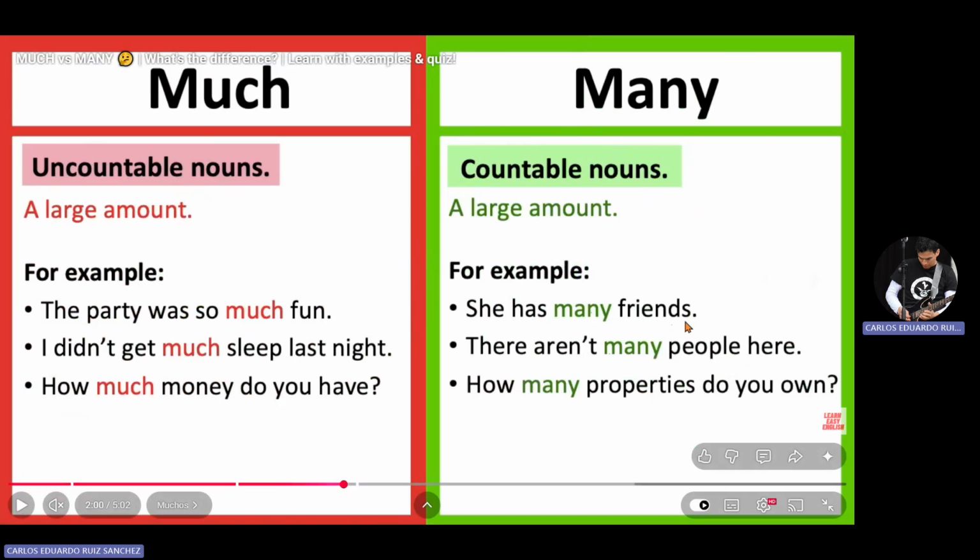En español es personas. And here we got much, fun, no tiene S, sleep, no tiene S, money, no tiene S. Si colocáramos aquí en dinero, colocáramos los billetes, se vendría para esta columna. How many bills, billetes, do you have? Sería en esta columna.